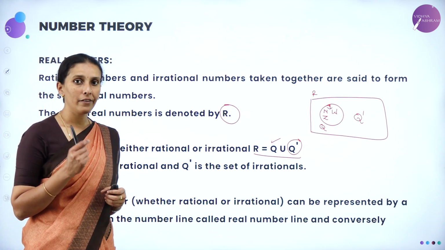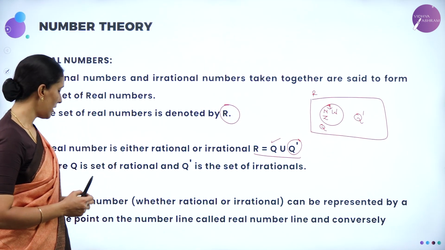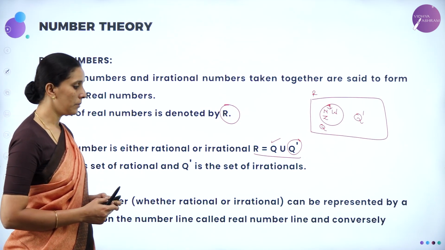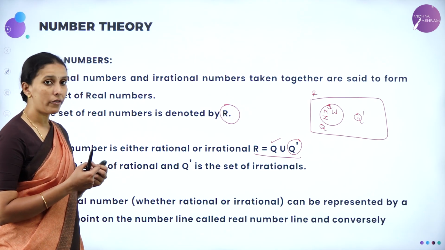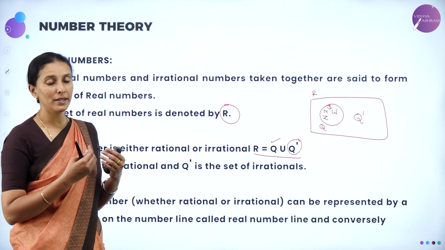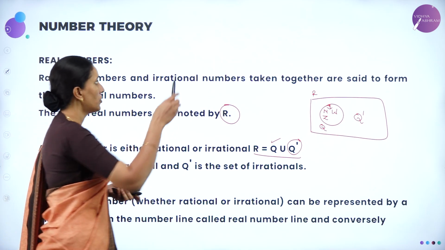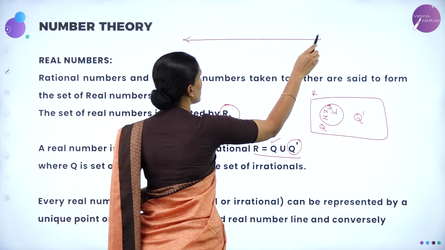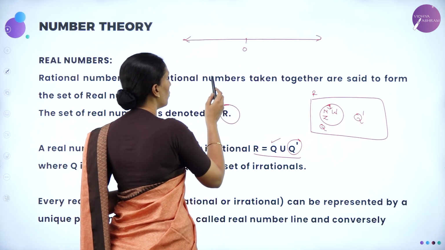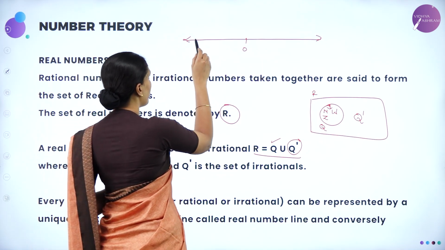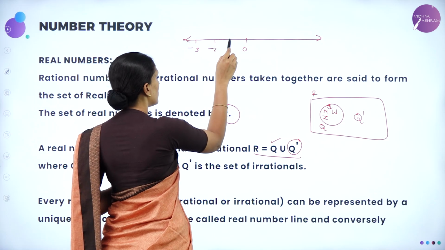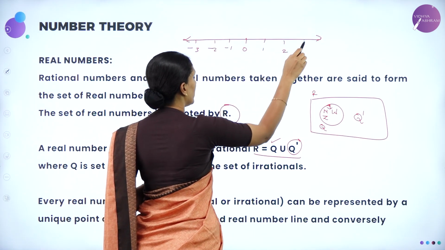Now, every real number can be represented by a unique point on the real number line, and conversely. We already represented some natural numbers and integers on the number line. If we represent using this number line, as we move from left to right, the value of the numbers increases. So suppose I consider this as minus 1, 2, 3.